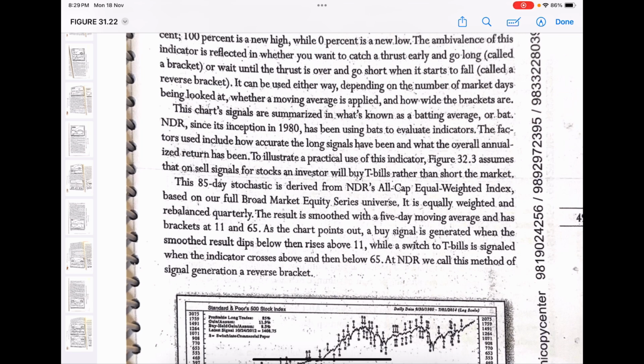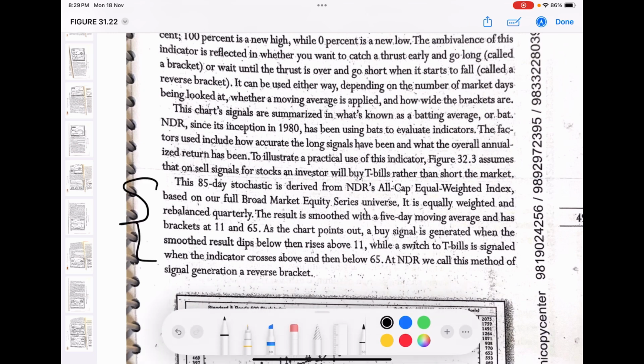It is equally weighted and rebalanced quarterly. The result is smoothed with a 5-day moving average and has brackets at 11 and 65. As the chart points out, a buy signal is generated when the smoothed result dips below and then rises above 11, while a switch to T-bills is signaled when the indicator crosses above and then below 65.